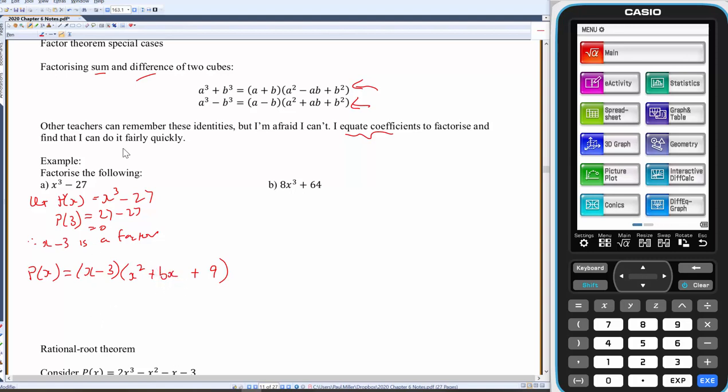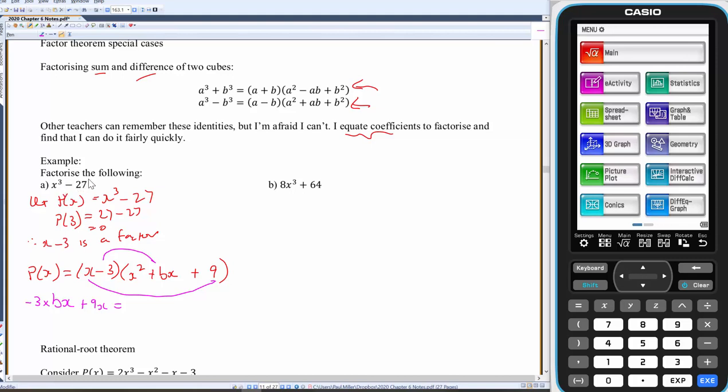All right, so then I go to the idea of working out how to generate an x term. And the next term is generated by that multiplied by that. So -3 multiplied by bx will give me an x term. Another x term is generated by multiplying those two together. So that's going to be plus 9x, and it equals... Then what I do is I track back to my original function, and I search for the x term.